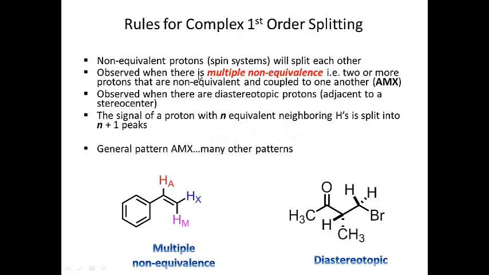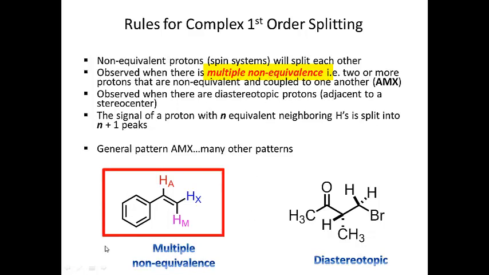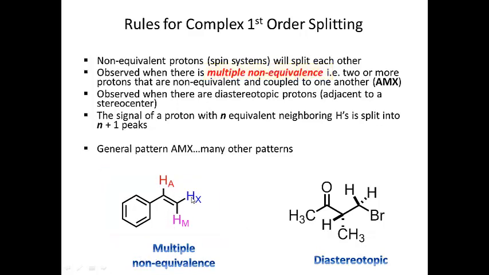So that's complex first order splitting. It happens when you have what's called multiple non-equivalents. An example of this is here, styrene, where all 3 of these protons are non-equivalent. When that's the case, each one of these protons will be able to split with each other.